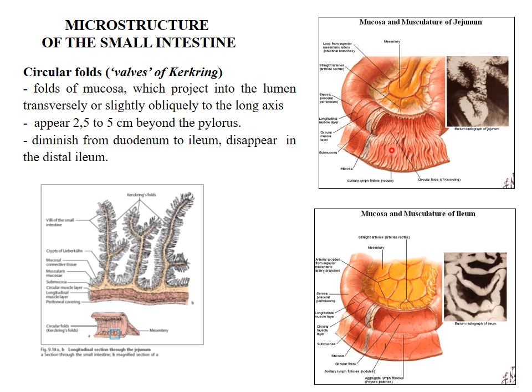These are the circular folds. These are the folds of the mucosa. They have the core of submucosa. They project into the lumen of the intestine, and they project transversely or obliquely to the long axis.